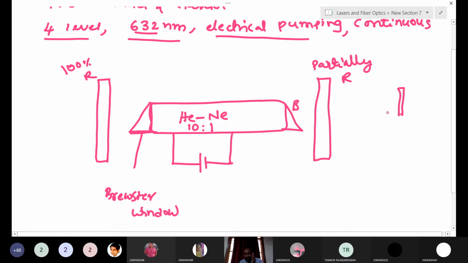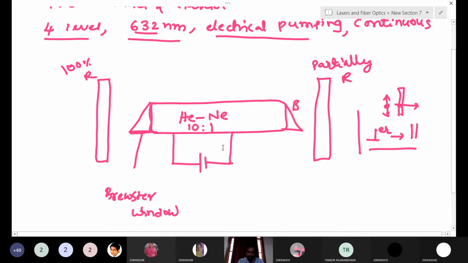It will allow only the vertical components of light and block the perpendicular components. So the Brewster windows convert perpendicular polarized light into plane polarized light. That is the job of the Brewster windows.